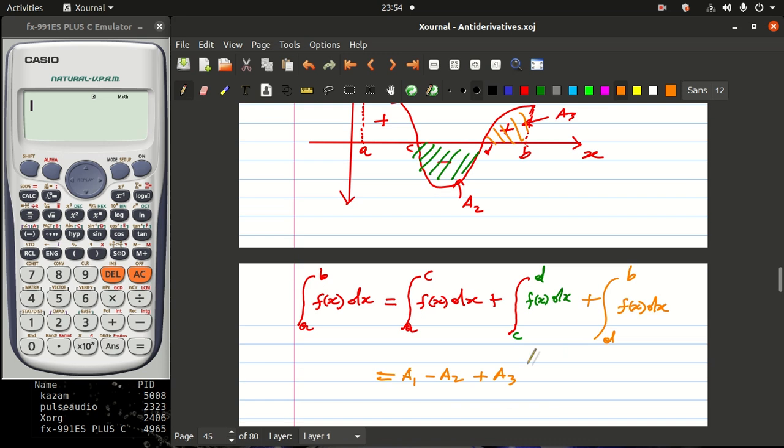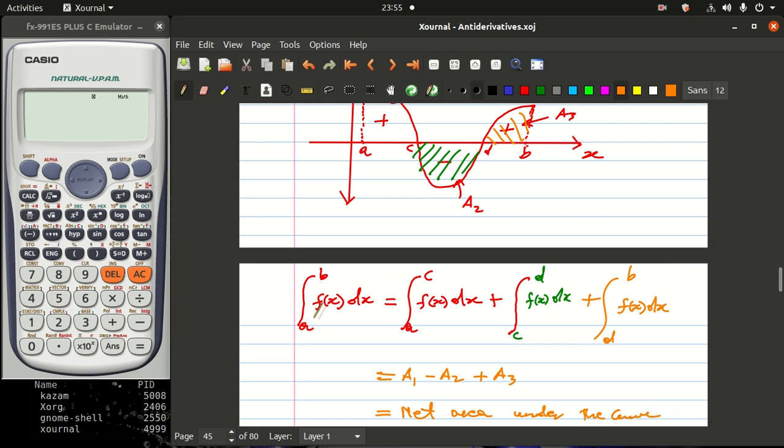So basically you will have this area and that area, and because this one is negative, it is going to reduce those two areas. So what is that? This is the net area. It is the net area under the curve.